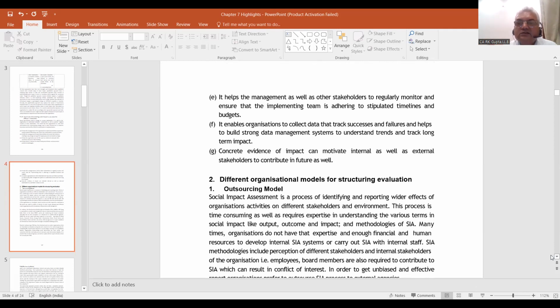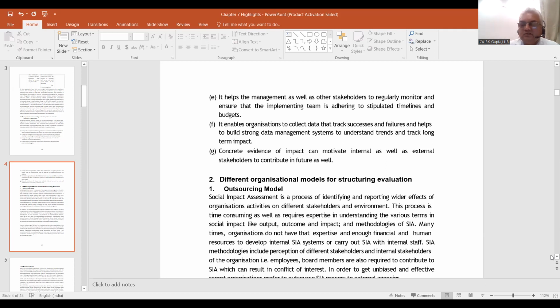It enables organizations to collect data that track successes and failures and helps to build strong data management systems to understand trends and track long-term impact. Then concrete evidence of impact can motivate internal as well as external stakeholders to contribute in future as well.